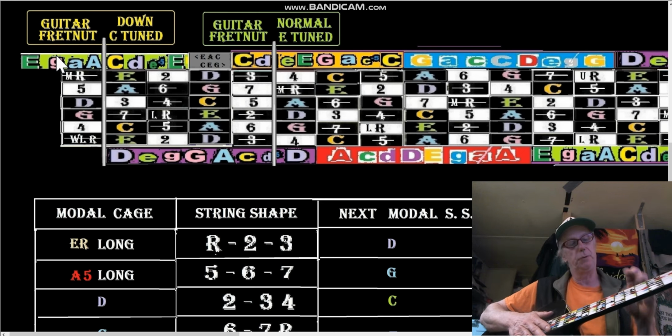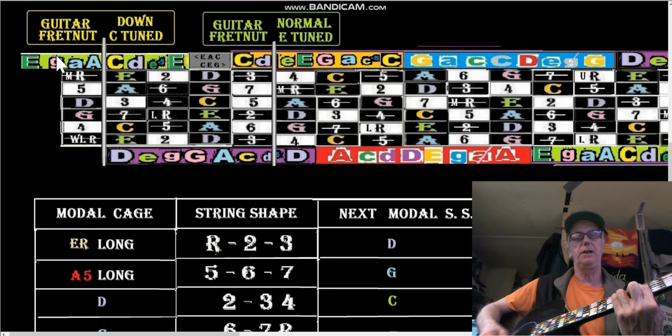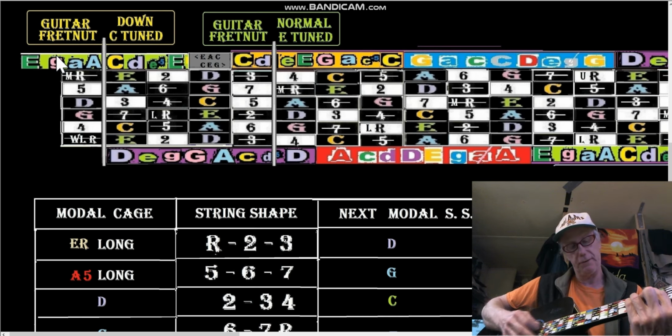But when you're just doing a triad, you can look at that E shape as the root chord. You can look at it as the 4th or the 5th, you know?